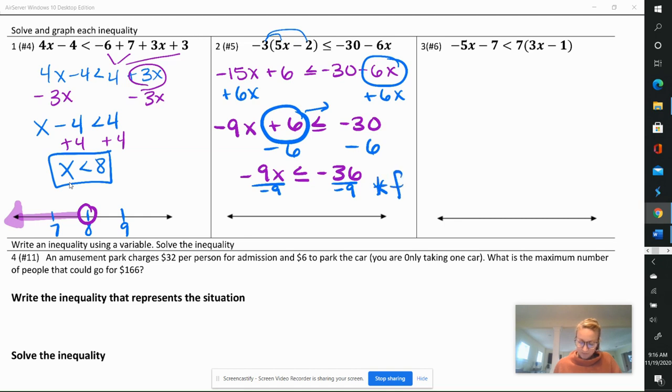And it's that step that requires us to flip the inequality symbol because we divided both sides by a negative number. It is going to be filled in or closed at 4 because 4 is included in the possible solution set. And it's all values greater than, so we shade to the right.